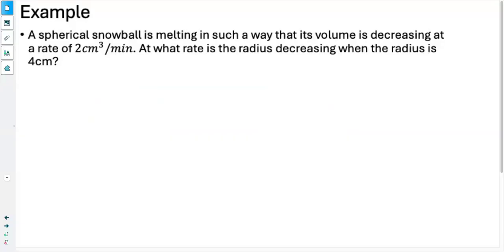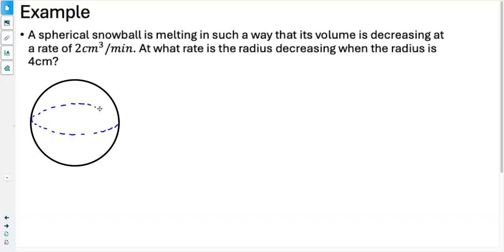So once again, start by drawing out our situation. I'll try to draw something that resembles a 3D sphere. We have a radius r. We're given that the rate that the volume is decreasing is 2 centimeters cubed per minute.